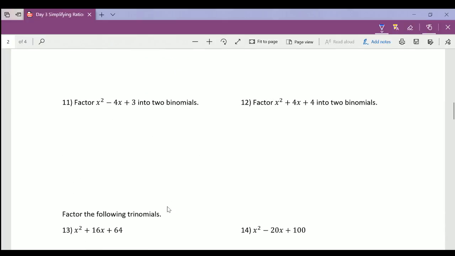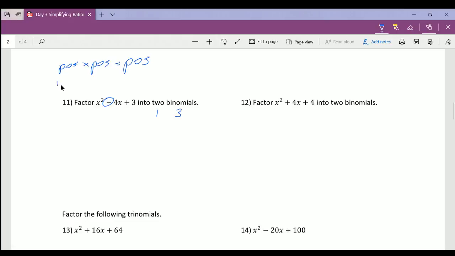Okay, so real quick, factor this guy here into 2 binomials. Alrighty, well 3, there's not really any choices other than 1 and 3. 2 doesn't go into 3. 3, we already have it there. So this is going to be something. However, this is negative. Okay, if you remember the product of 2 that are the same, so if we did positive times positive, that would give us a positive 3.